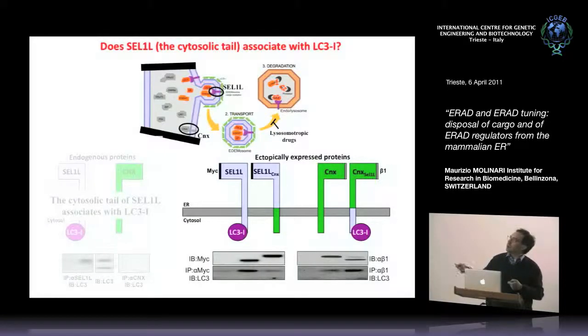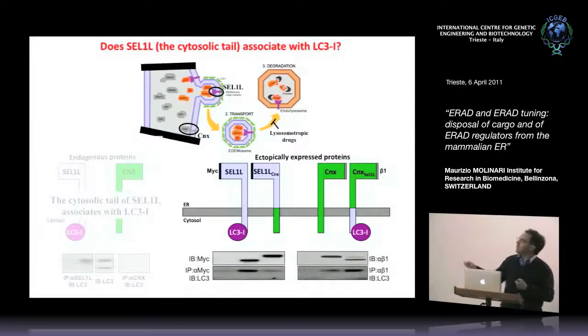So the recombinant cell 1 binds LC31, because when we precipitate cell 1 and make a blot with LC3, LC3 is there. But if we replace the tail of cell 1 with the tail of calnexin and precipitate the chimera, we have a lower amount of LC31 that co-associates.